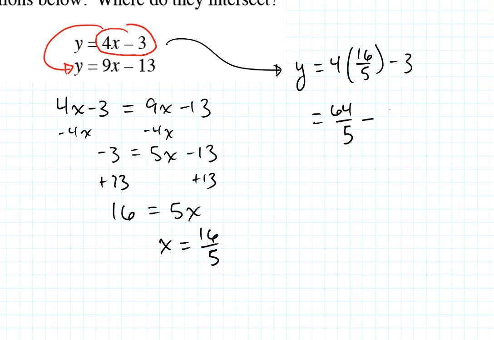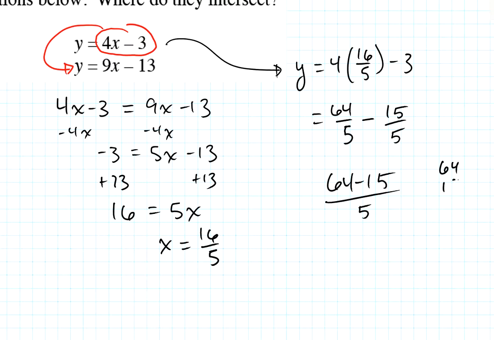And I happen to know that that is exactly 15 fifths, because 15 divided by 5 is 3. So what I have here now is 64 minus 15 fifths.